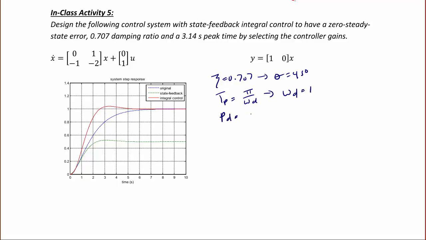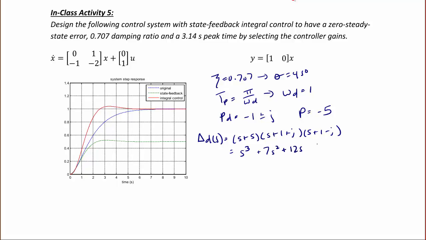So our desired poles are -1 plus or minus j. And just as before, we're going to put a third pole at least 5 times away so that these two are the dominant poles. So the third pole is going to be at -5. So the desired characteristic equation is (s + 5) times (s + 1 + j) times (s + 1 - j), which equals s cubed plus 7s squared plus 12s plus 10.